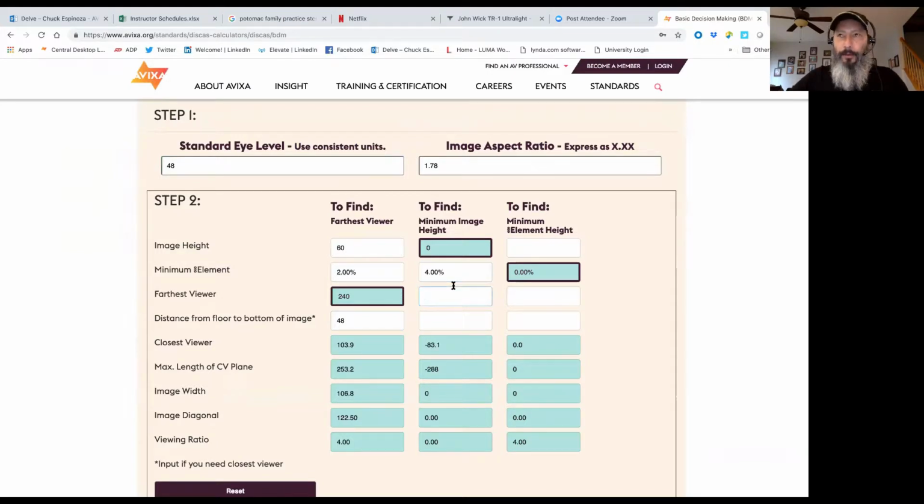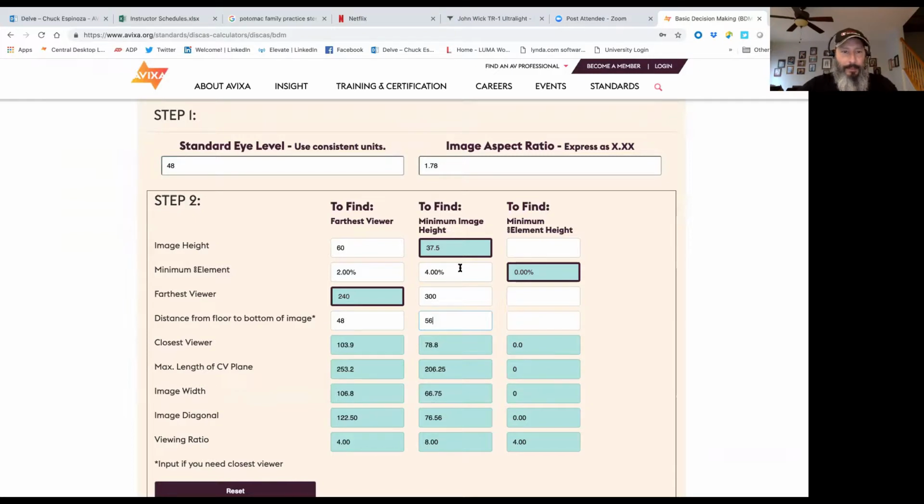My furthest viewer is, let me get my calculator because I have to do this in inches, 25 feet. So 300 inches. And then distance to the floor, say there's a camera right at 48 and we want that camera at eye level, so we're going to put our display a little bit higher than the camera, 8 inches. So we're going to go 56.